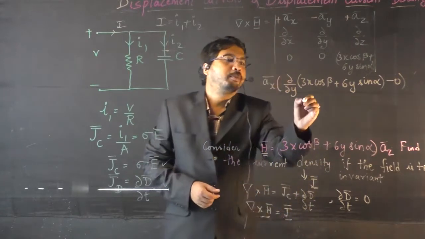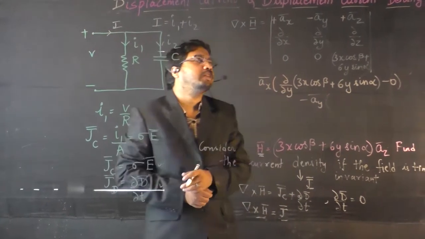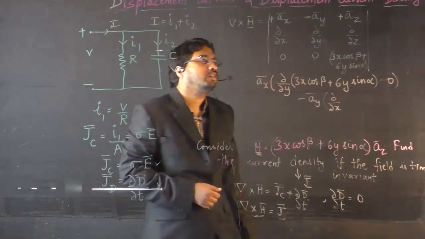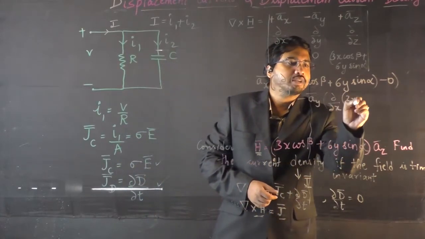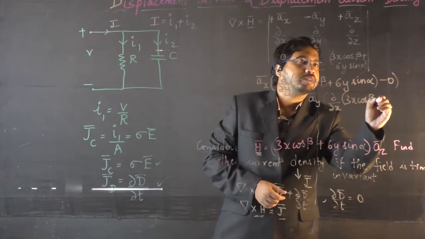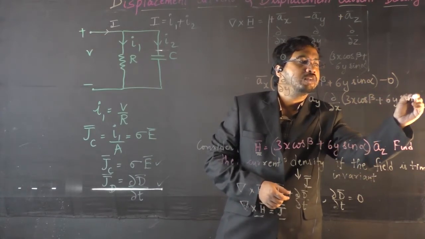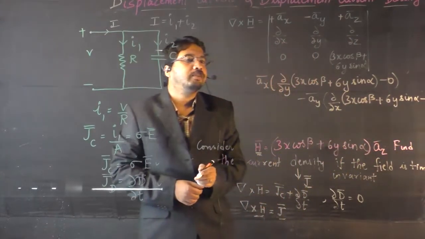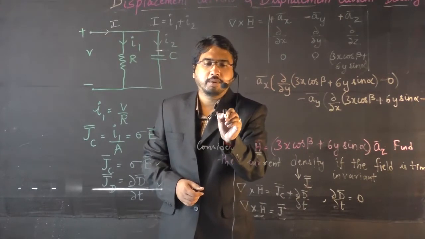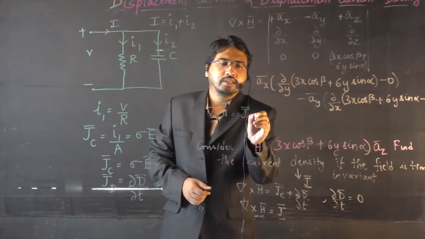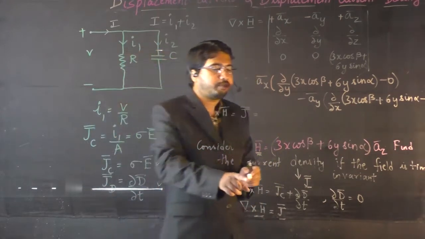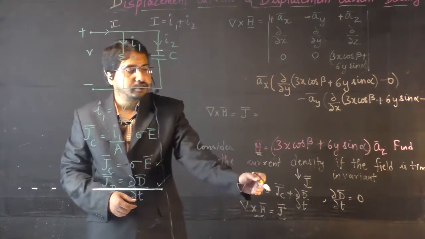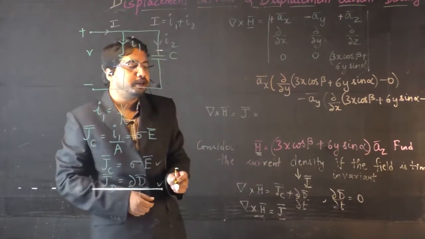After that, minus Ay into, leaving this row and this column, dou by dou x of 3x cos beta plus 6y sin alpha. Again minus 0, because 0 into this term will be 0. So after solving this determinant, del cross H bar is equal to current density J bar, because from the modified Ampere circuital law we have del cross H bar equal to conduction current density Jc plus dou D by dou t, that is the displacement current density.